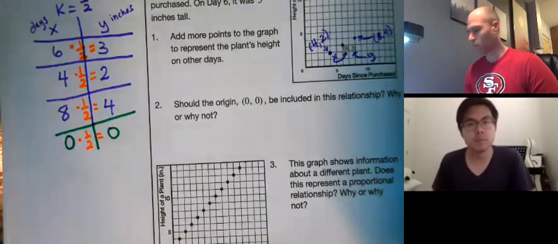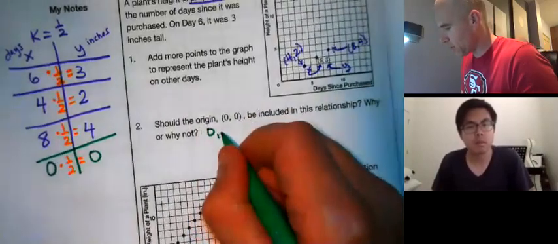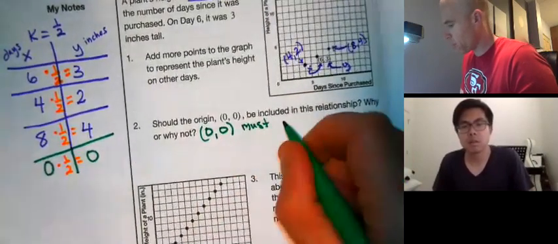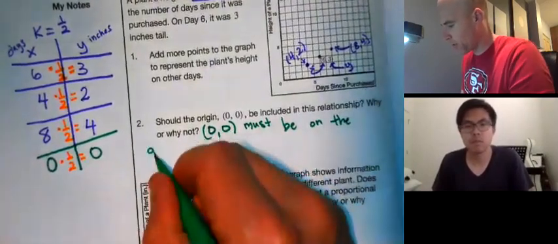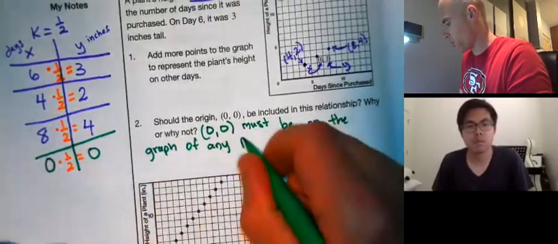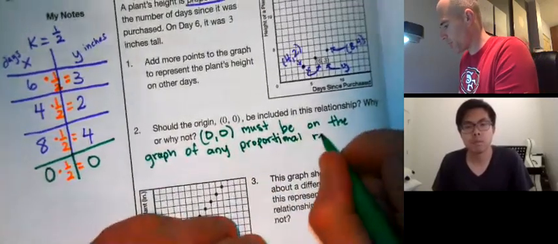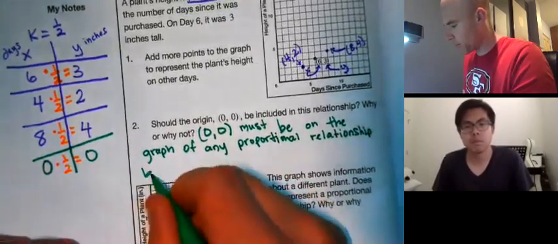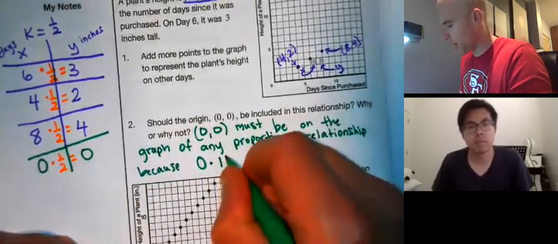Ms. Thomas, you want to add to that? No, I think that's a great way of explaining it. So I would say that 0, 0 must be on the graph of any proportional relationship because 0 times k, that's what we did here.